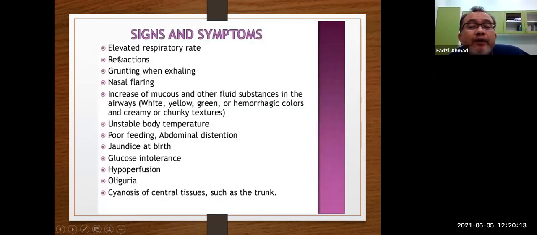The signs and symptoms when the baby comes out: they can have tachypnea, retraction of the intercostal muscle, grunting when exhaling, nasal flaring, increased mucus or fluid in the airway that can be yellowish, greenish, sometimes hemorrhagic, unstable body temperature, poor feeding, abdominal distension, jaundice at birth, glucose intolerance, hypoperfusion, oliguria, and cyanosis. That is especially central cyanosis.